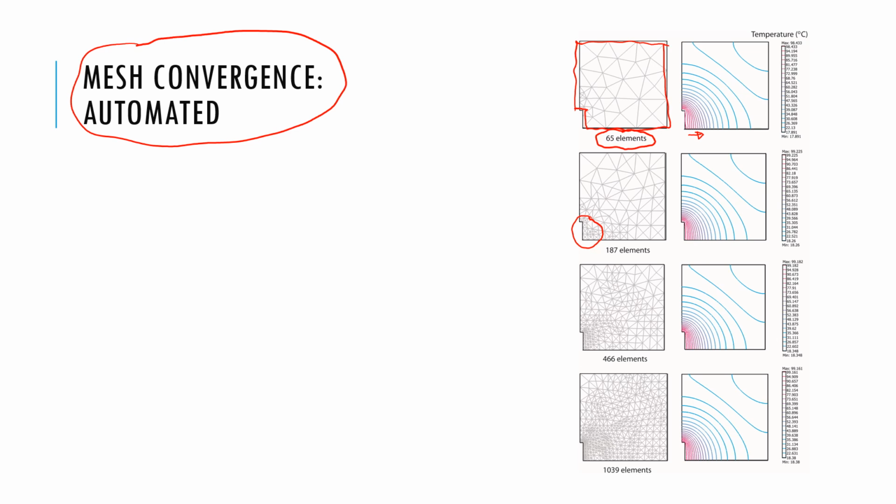You keep doing that with more and more elements, until your solution does not change anymore. This can be automated because from the initial computation it can estimate the gradients, and wherever the gradients are higher it puts more elements in there.